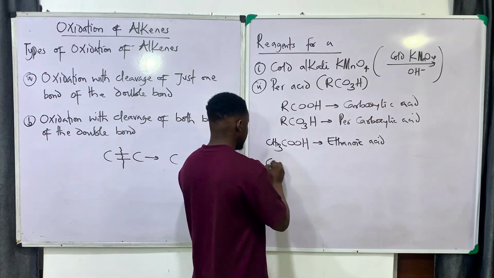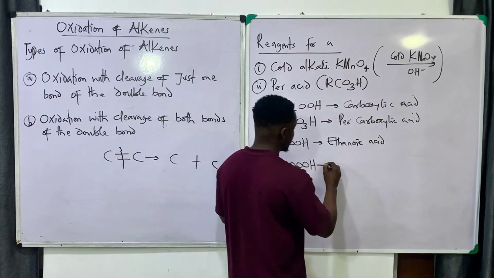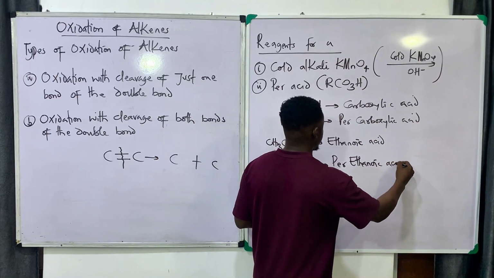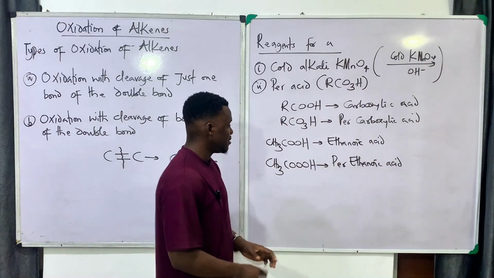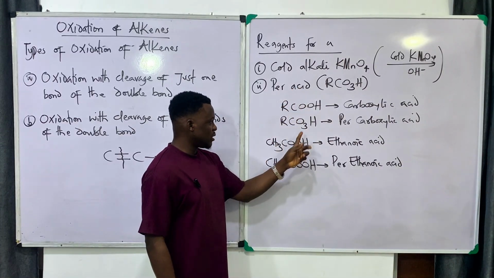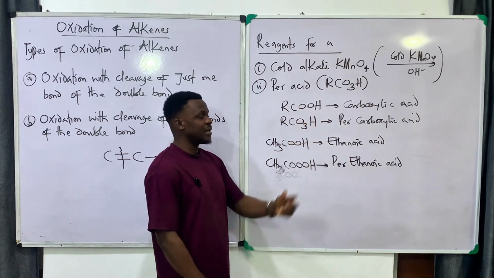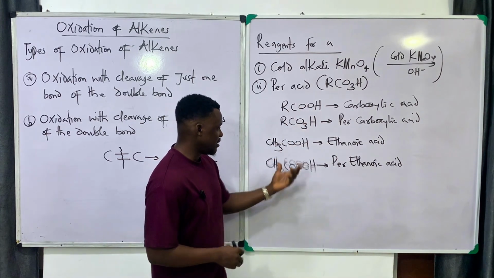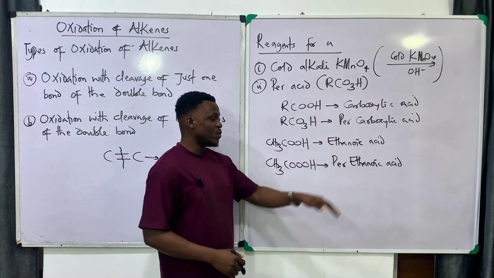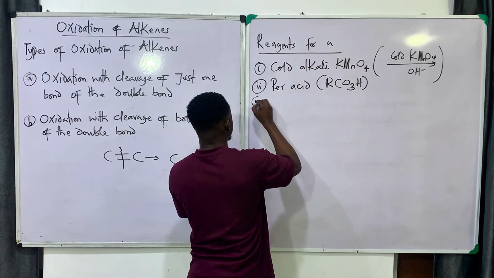If I increase it to 3 oxygen, it will be called peroxyethanoic acid. So in case you see this, you don't mistake it for the carboxylic acid.